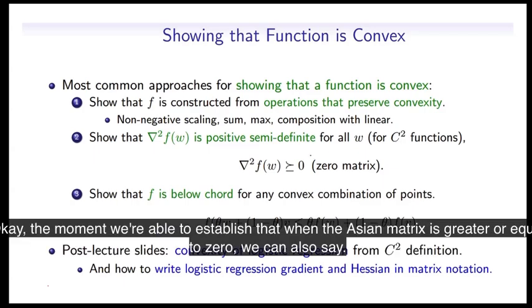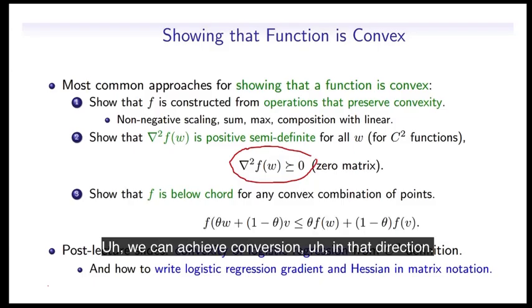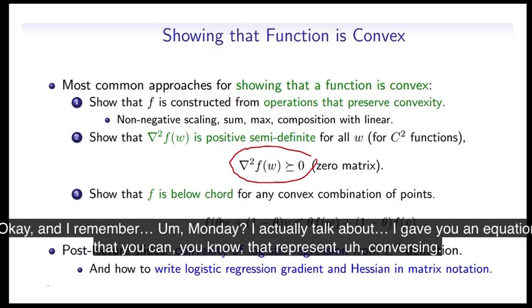The moment we're able to establish that the Hessian matrix is greater or equal to zero, we can also say we can achieve convexity in that direction. And I remember Monday, I gave you an equation that represents convexity.